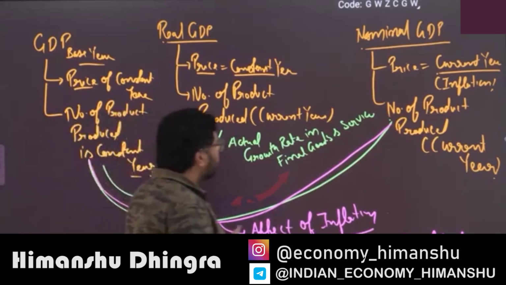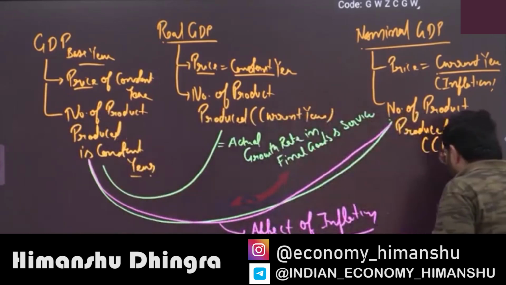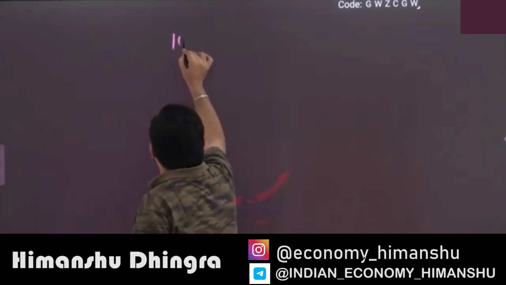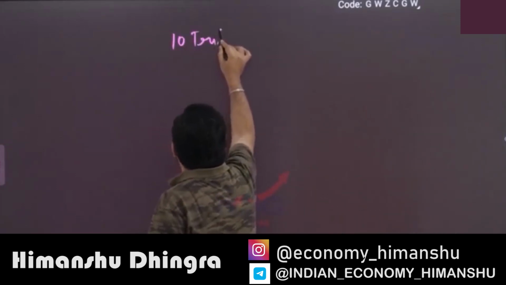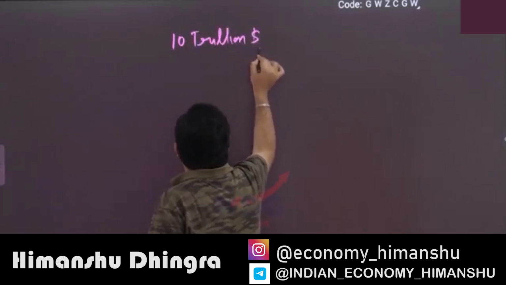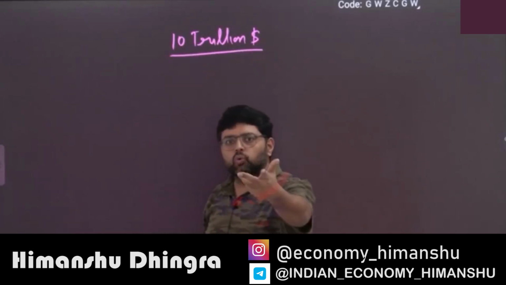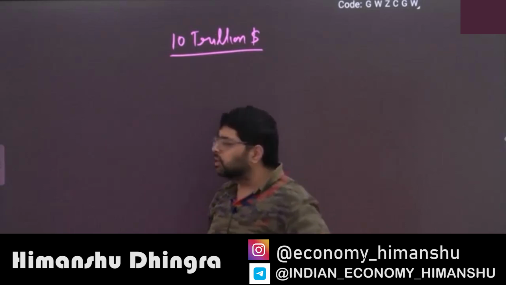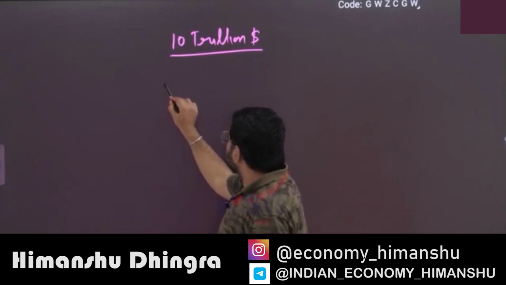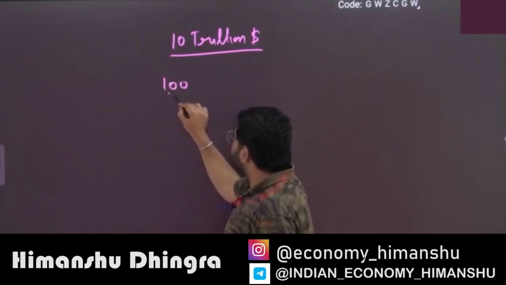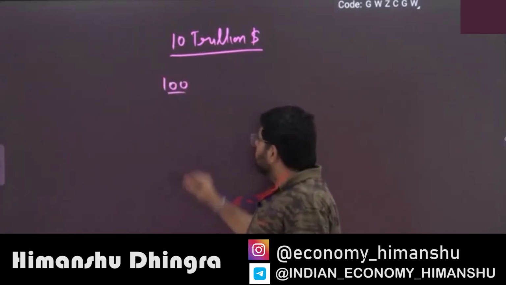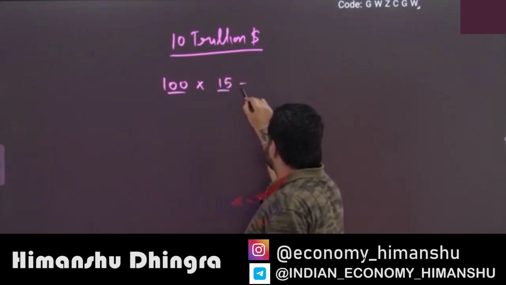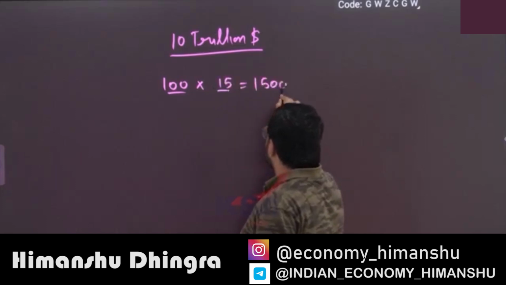Now if you see, if I want to increase GDP, like sometimes the government says that India will be a $10 trillion economy, that you can do without increasing the production. Suppose this year you produced 100 pens, and if you inflate the price, earlier it was 15 rupees, so GDP will be 1500.